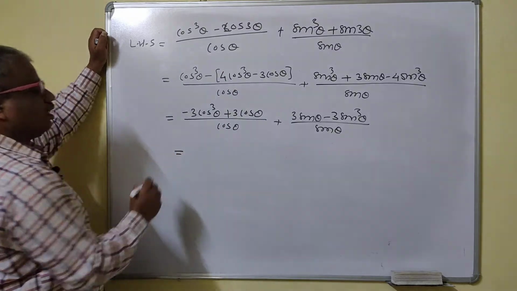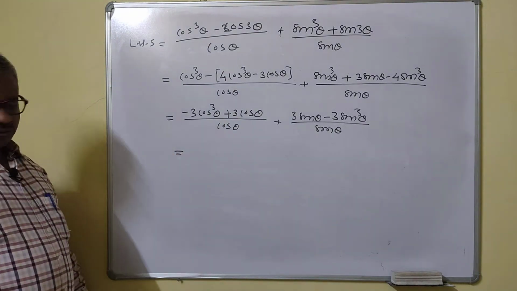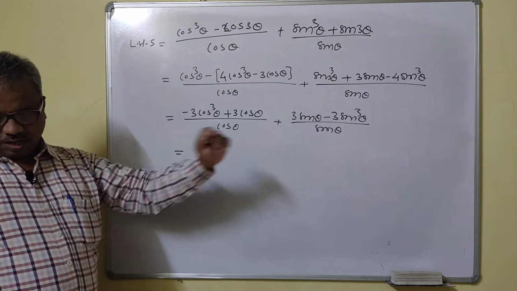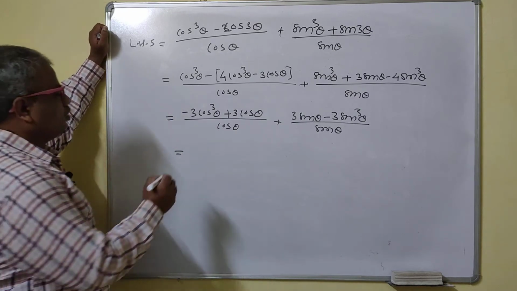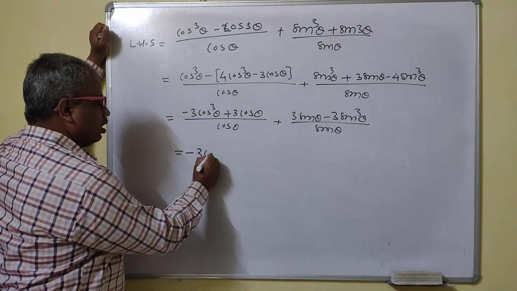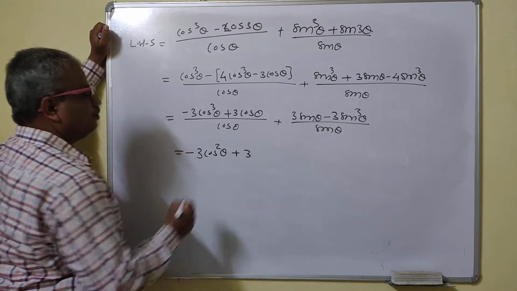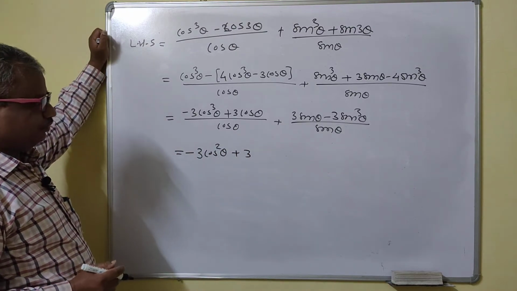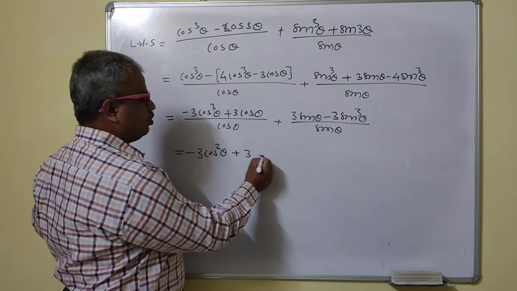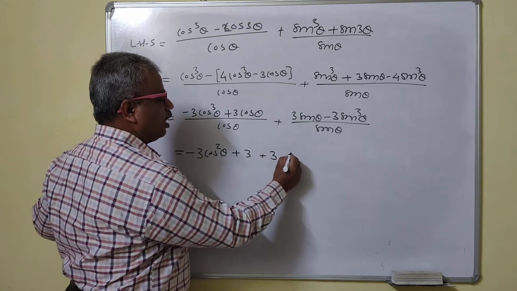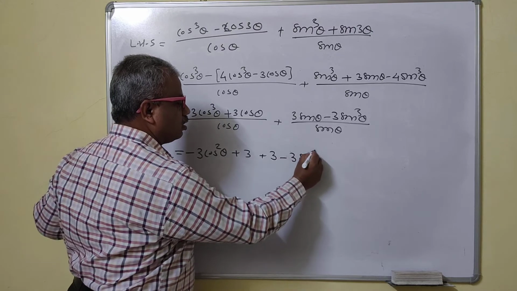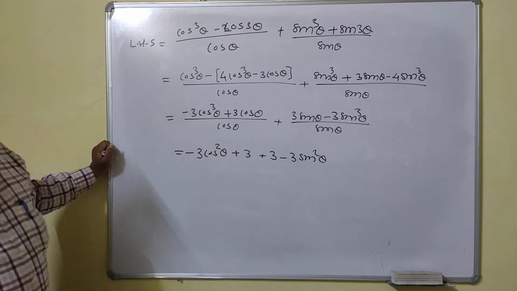Now your denominator is single, so divide each term by cos theta and divide each term by sin theta. So what we get: minus 3 cos square theta plus 3, and again for this one, plus 3 minus 3 sin square theta, right?